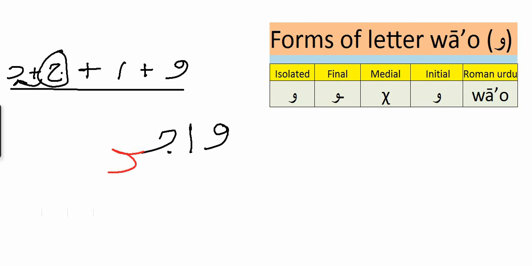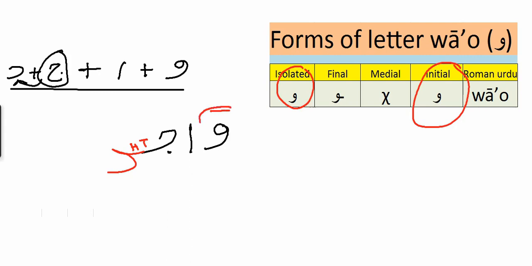So the connector, or we can say the head of dal, we attach with the tail of jim, while waw is initial and it is not touching any other letter, so this is initial, or we can also say isolate, but isolate we consider when it comes at the end of any word. So this word becomes Wajid here.